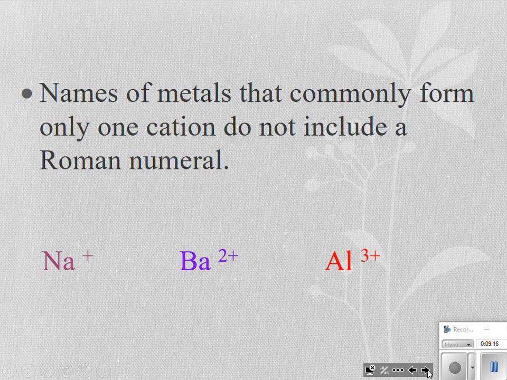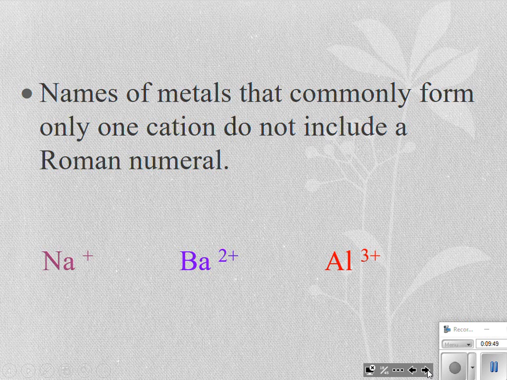I want you to find the oxidation state for sodium. What is it? Sodium is +1, right? So, is there more than one tiny black number there? No. Then I'm not going to need a Roman numeral.